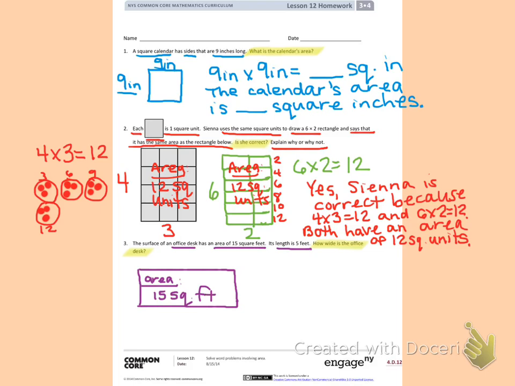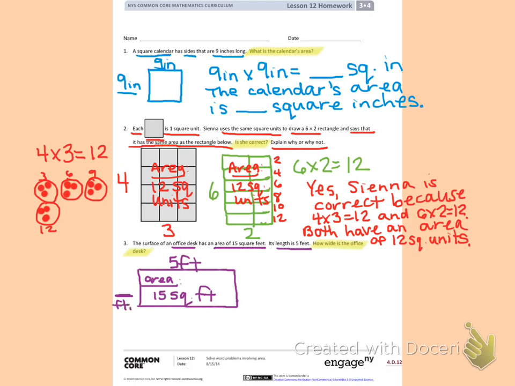FT stands for feet. It says that the length is 5 feet. So I'll label that here. And it's asking how wide is the office desk. That will go here.